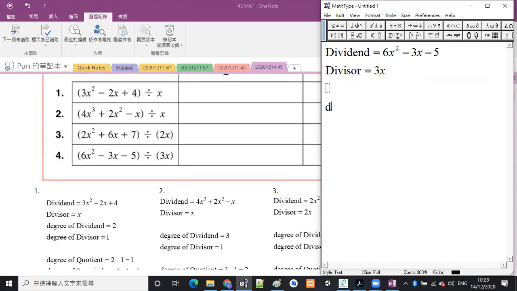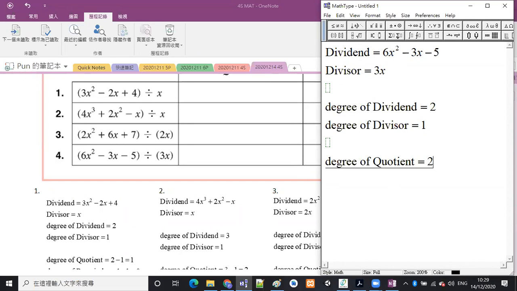The degree of the dividend is equal to 2, right? And the degree of the divisor is equal to 1. Get it? Then we can calculate the degree of the quotient, that is 2 minus 1, that is 1. And the degree of the remainder is 1 minus 1, that is 0.